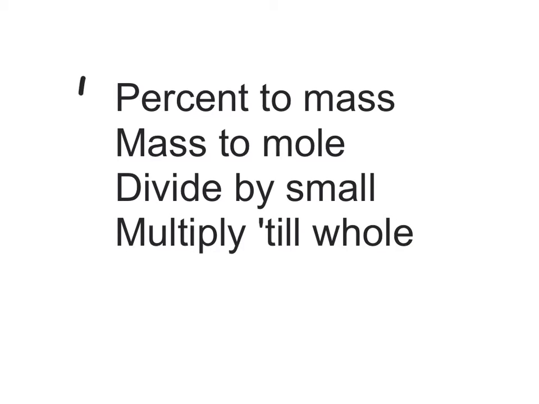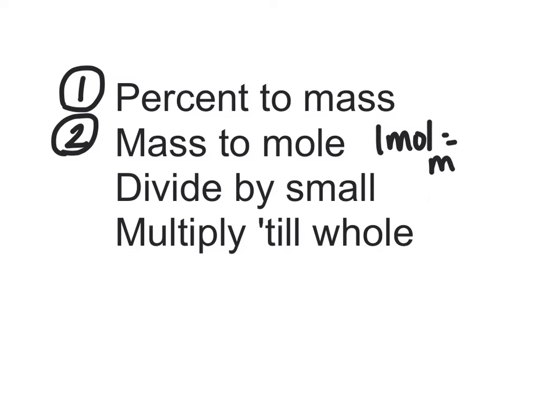So the first step is converting your percent to mass. If you remember, we've been working on percent composition. So percent composition tells you the percent of each element in the compound. So all we do is change that to mass. The second step is converting. We just convert the mass to mole using our conversion 1 mole equals the molar mass.